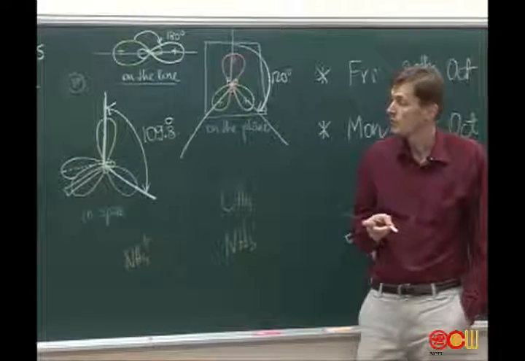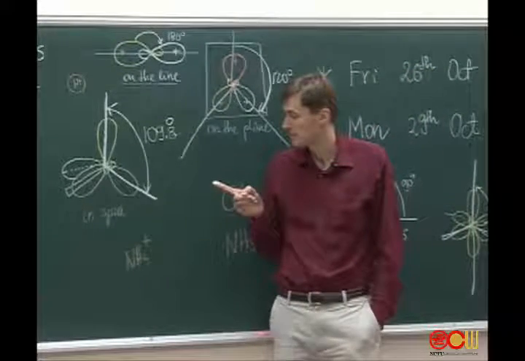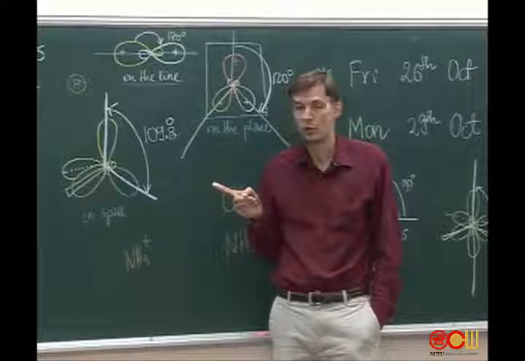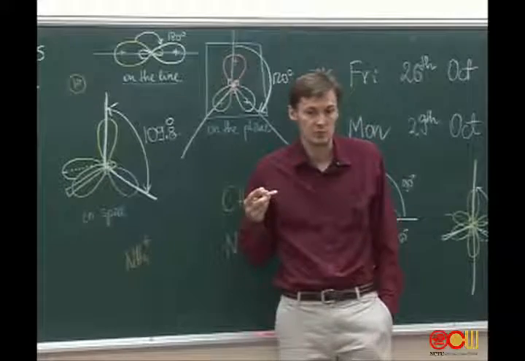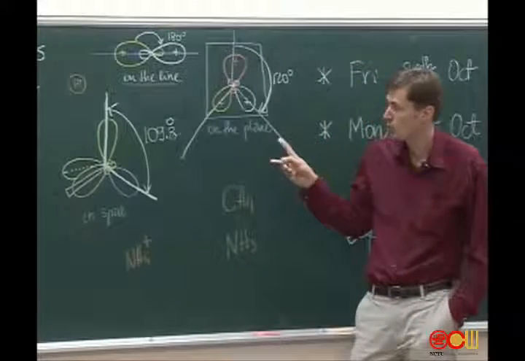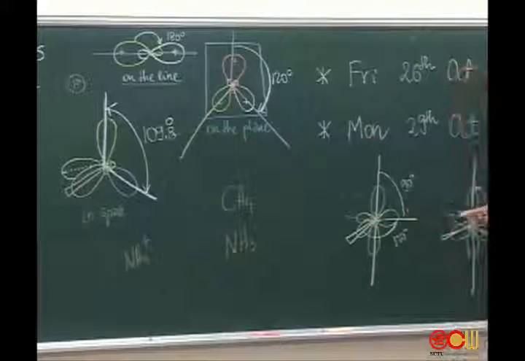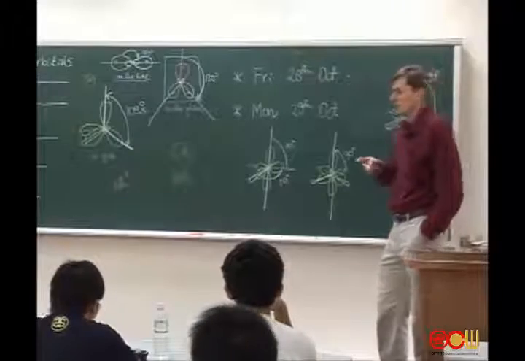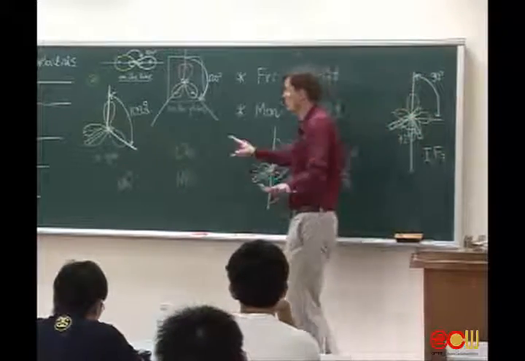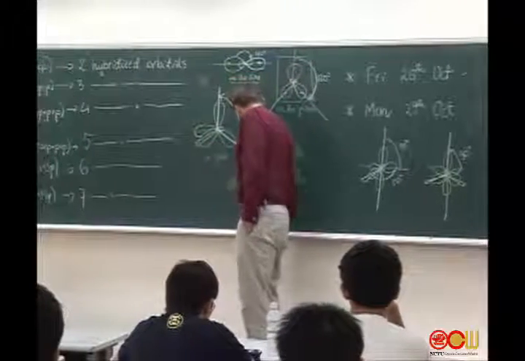Okay, so to define which structure it is and how many lone pairs we have in a molecule, we need some more material, and we do it probably in the next class. For today, I only wanted to show you that the hybridization defines the shape of the molecule. The molecule can be linear, flat, or have the tetrahedral structure.